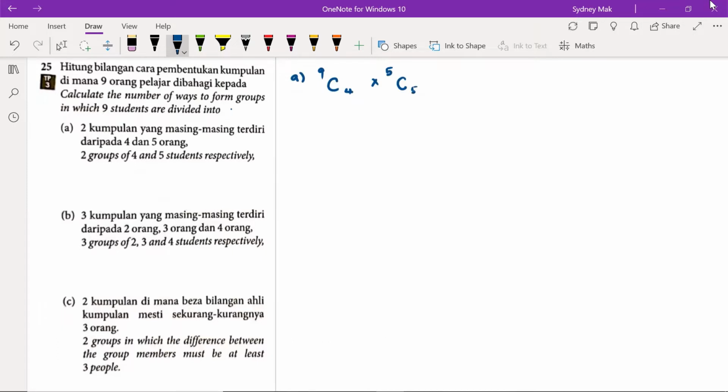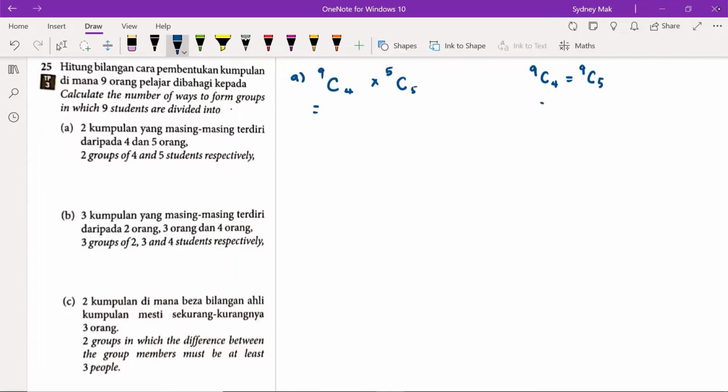Or if we choose 9C5, the remaining will be 4C4. You will notice that 9C4 is equivalent to 9C5. That shows there is no difference whether you choose 4 in a group first or 5 in a group first, because they are the same.